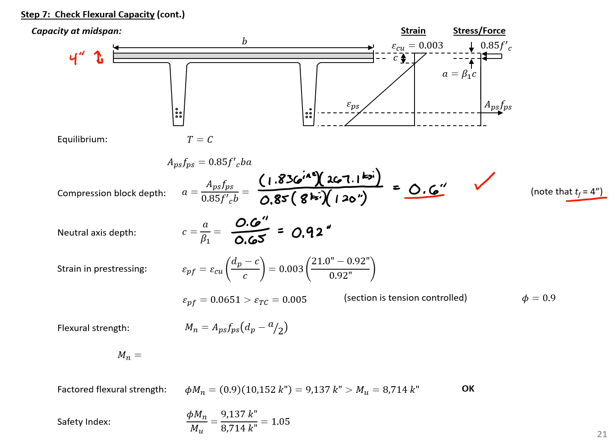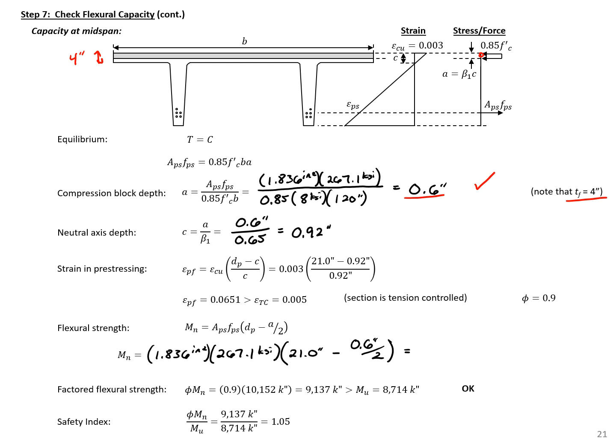So next we need to find our flexural strength, and to do that we'll sum our moment about the centroid of our compression block. So the force that we'll have is our area of our prestressing strands, 1.836, times 267.1 ksi, the stress in our strands, times the depth of our prestressing strands, 21 inches, minus a over 2, 0.6 inches divided by 2.